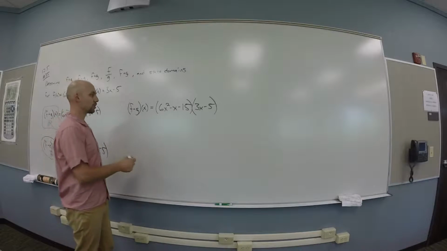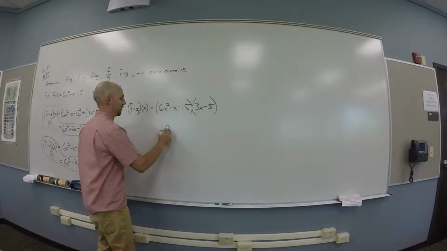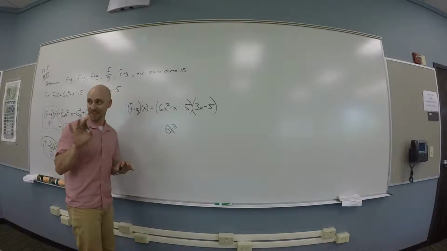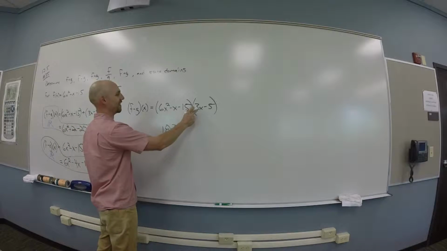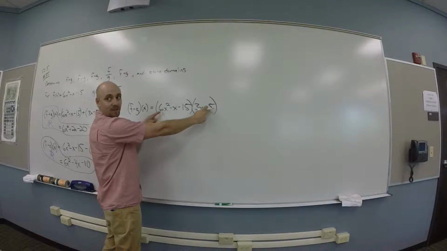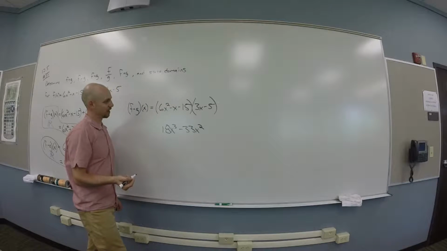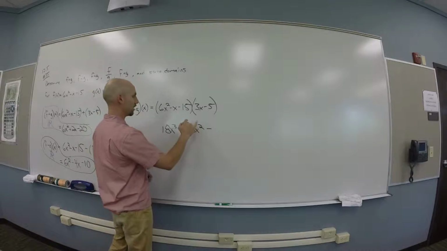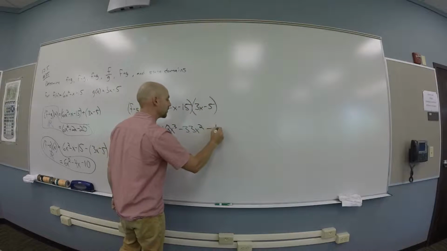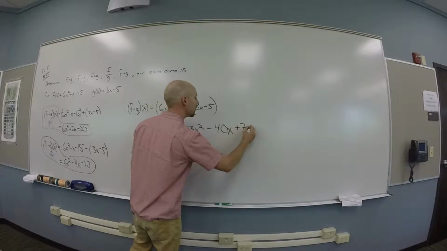If you do distribute, what would you get? 18x cubed, minus 33x squared, minus 40x, plus 75. Let's see, minus 3x squared and minus 30x squared makes minus 33x squared, and minus 45x plus 5x is minus 40x, plus 75.